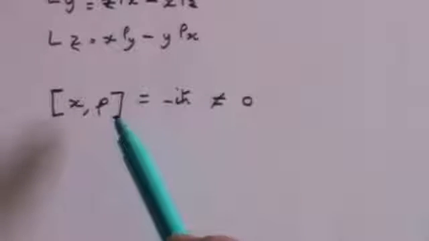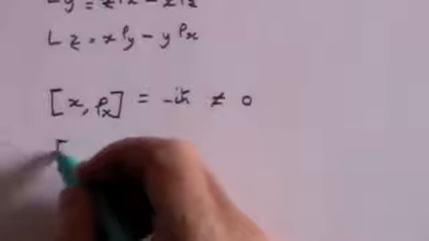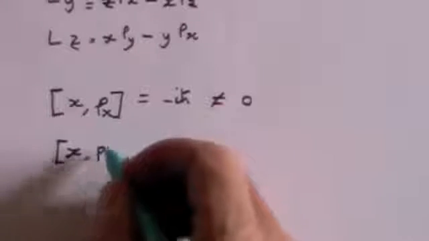Now I should be a little more precise about this, because I should give this the subscript x. You cannot measure the x coordinate and the px coordinate of momentum at the same time. You can measure the x component of position and the y component of momentum at the same time.